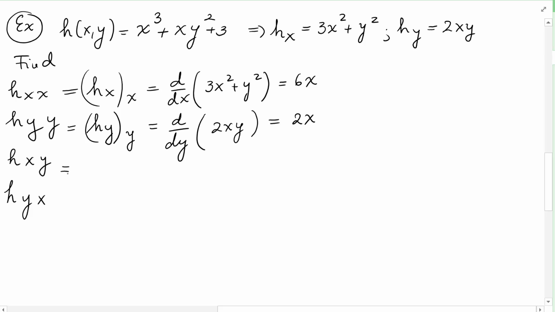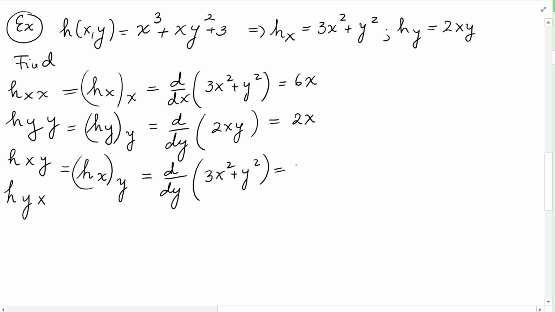Now h sub xy means calculate the first derivative of h with respect to x, and then differentiate with respect to y. So h sub x is 3x squared plus y squared, so we want d/dy of that. That's 2y, because the 3x squared is a constant and its prime is 0, and y squared differentiated with respect to y is 2y.